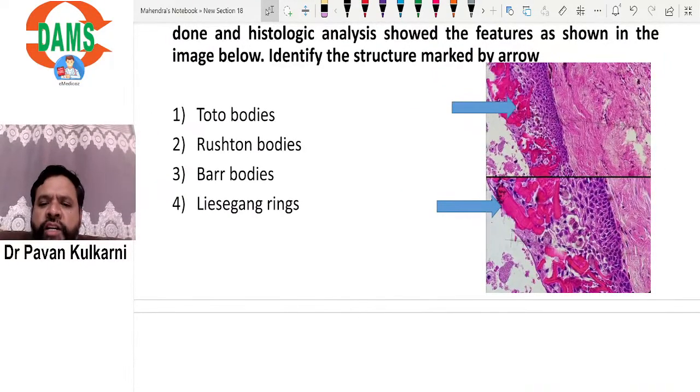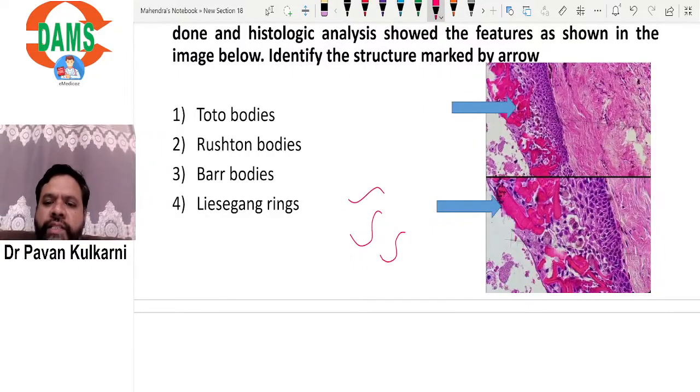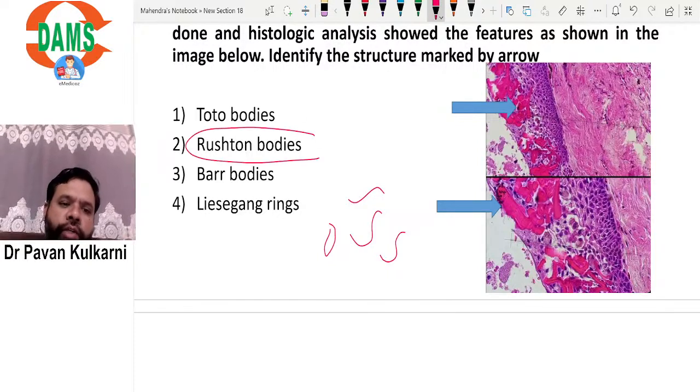Lot of such structures. What are these structures? There are some curvilinear structures. So all these curvilinear structures are nothing but Rushton bodies.